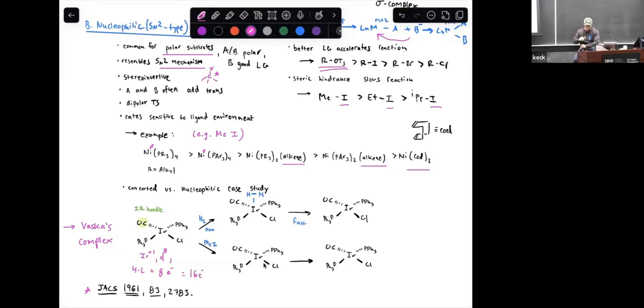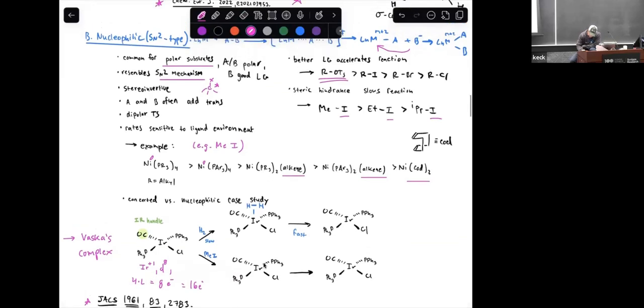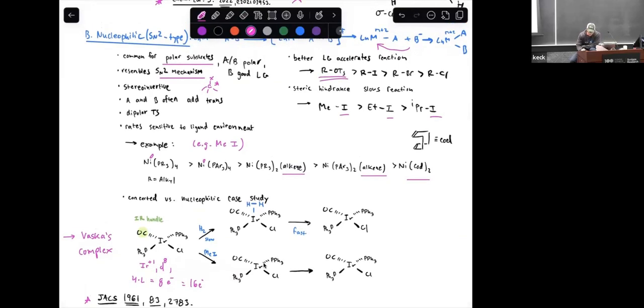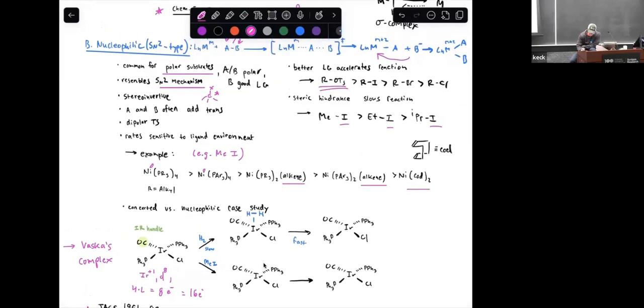Great. Okay, let's walk this top path now. We're going to coordinate H2. We're a square planar d8 metal, so we have an open coordination site. H2 is going to coordinate. That process is slow, and then what will happen next, Jakai?